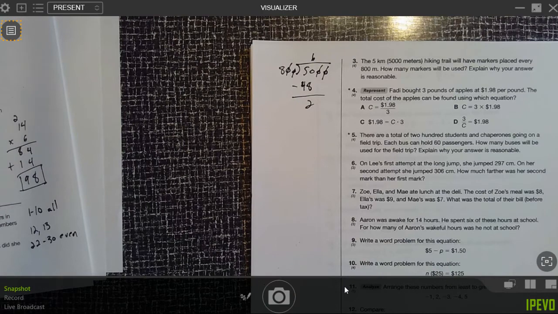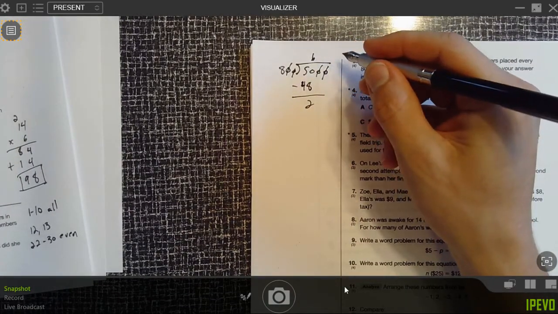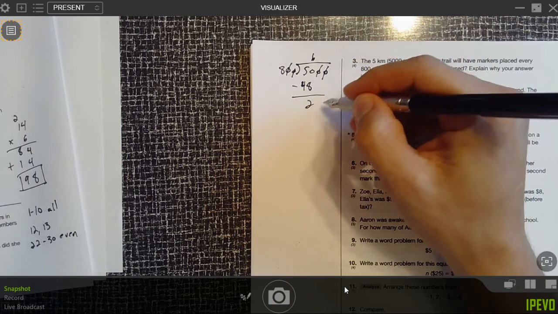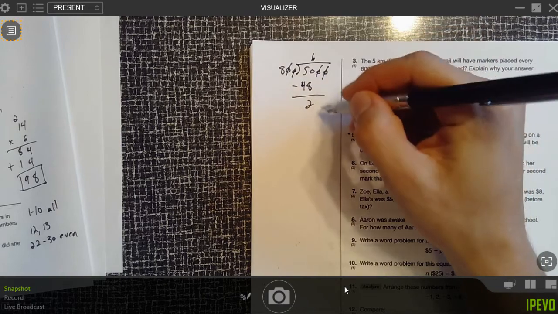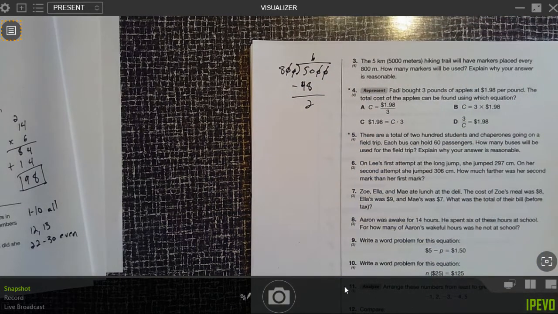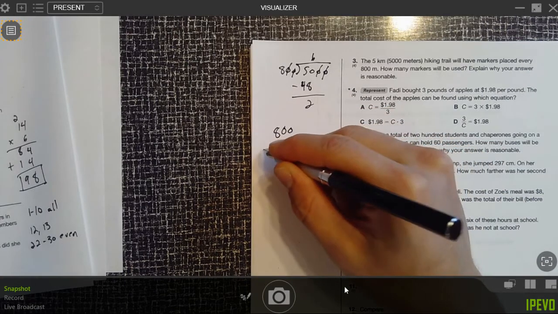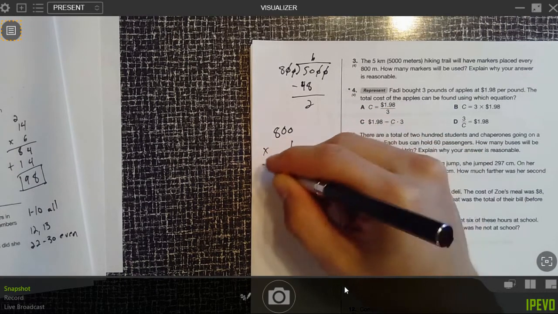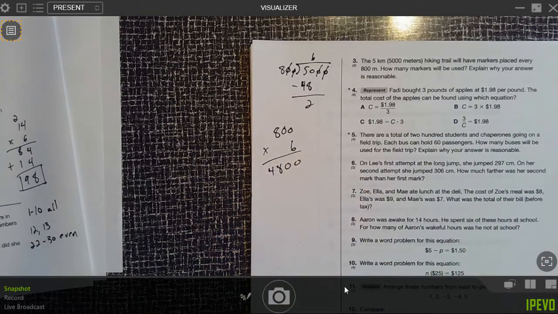So if I were to try to do this, I'm going to leave it with a remainder. If I go and I do 800 times 6, I'm pretty sure we're going to get 4,800.